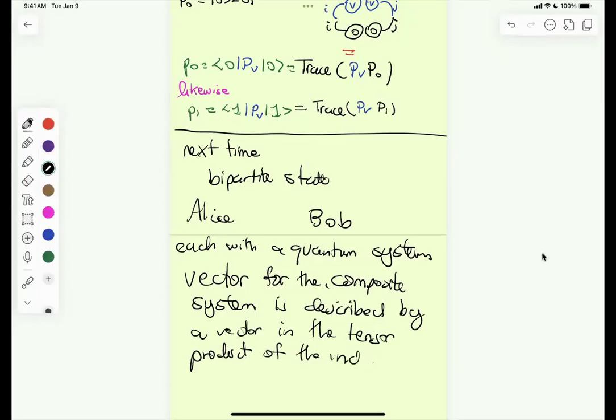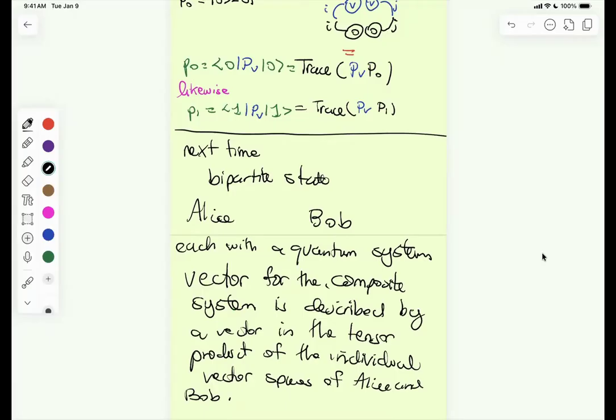And so that gets to the idea of entanglement, which is that if you have a vector in a tensor product, it's always a sum of tensor products, but it's not necessarily a single factor, right? Correct, yeah.